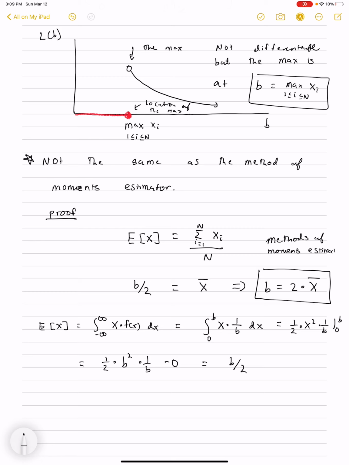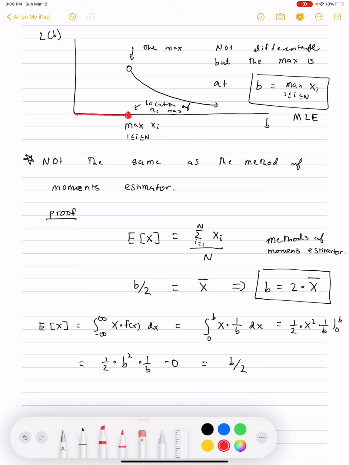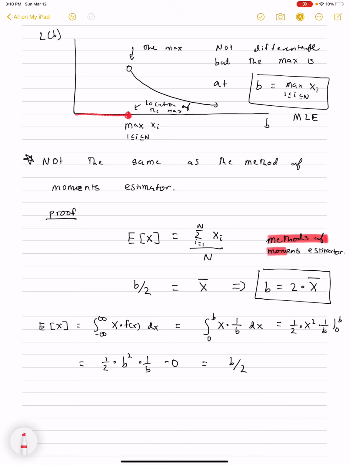And it's different from the maximum likelihood estimator, which we have above. So, key point here, method of moments estimation is not the same as MLE estimation. So, the maximum is not equal to twice the average. Okay, thank you very much.